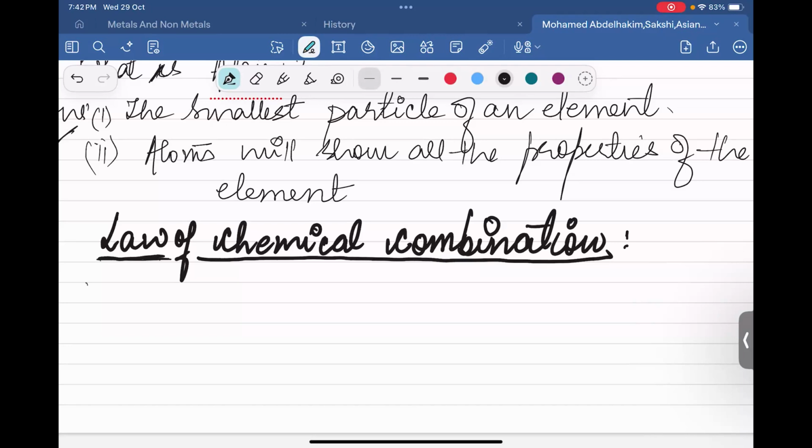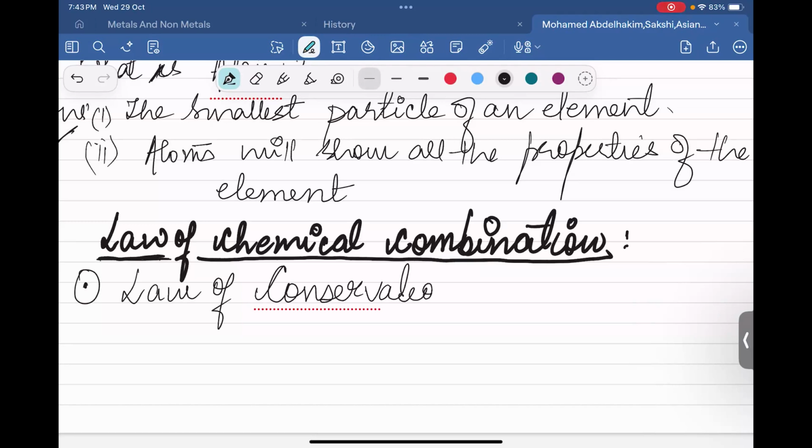The first law, what does it state? The first law is also known as the law of conservation of mass. What does this law state? Any idea?